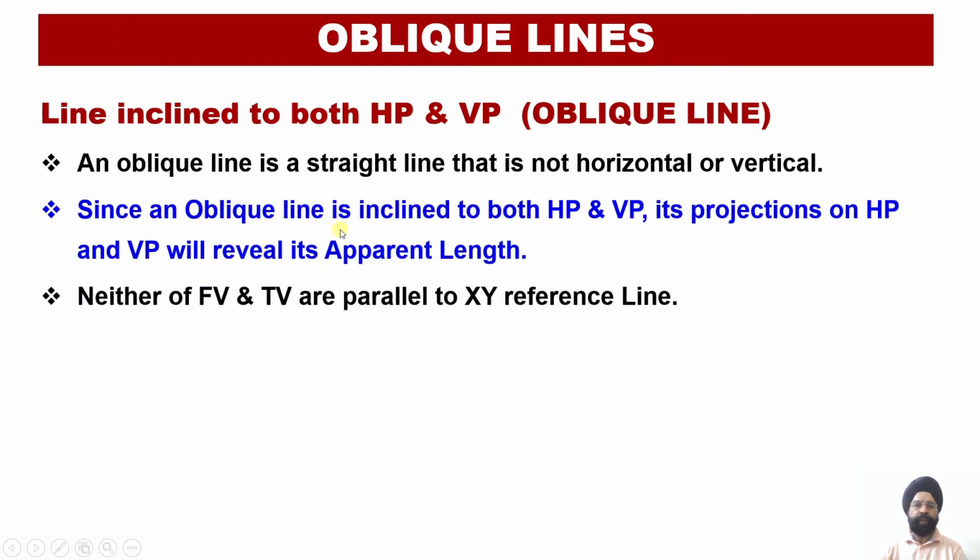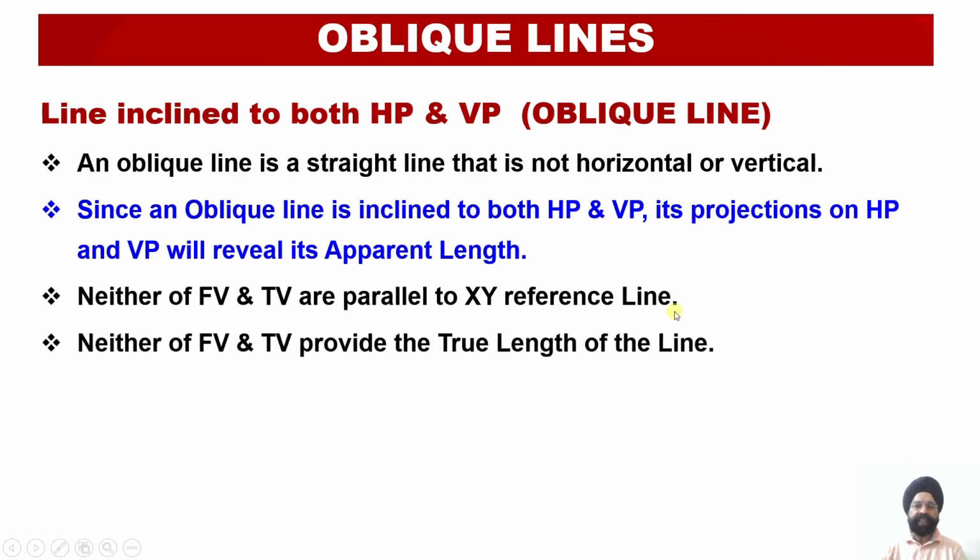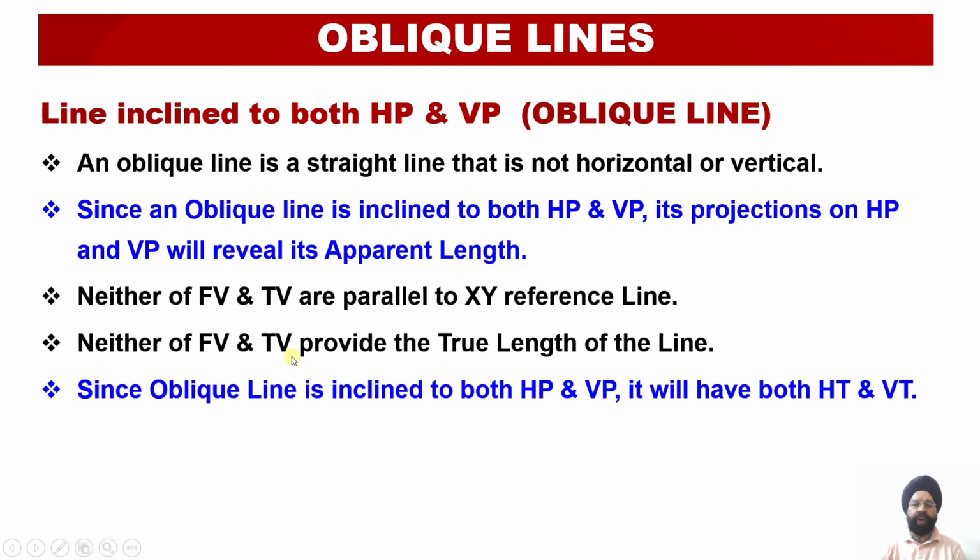Since an oblique line is inclined to both the horizontal and vertical planes, its projections on HP and VP will reveal its apparent lengths, and neither the front view nor the top view will be parallel to the XY reference line, and we are also not going to get the true length of the line in the front view as well as in the top view.